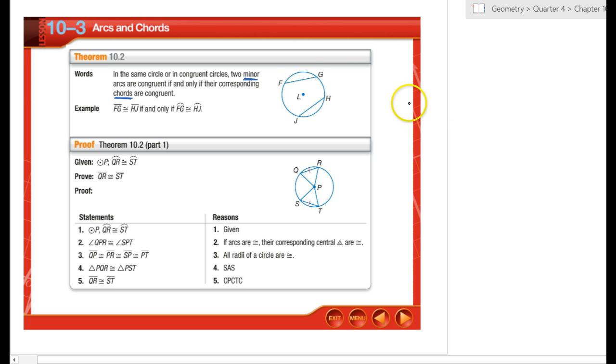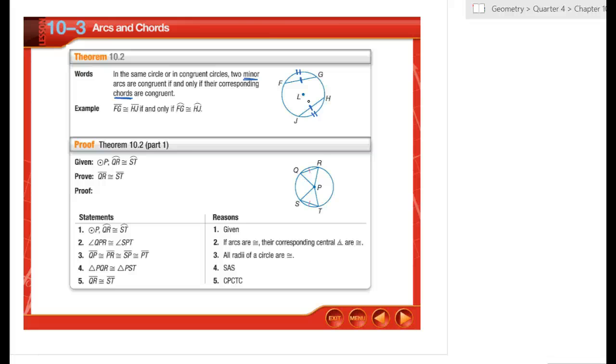So basically, if FG and HJ are congruent to each other, then the arcs that are made by them, arc FG and arc HJ, are congruent, and vice versa. If the arcs are congruent, then the chords that made them are congruent.